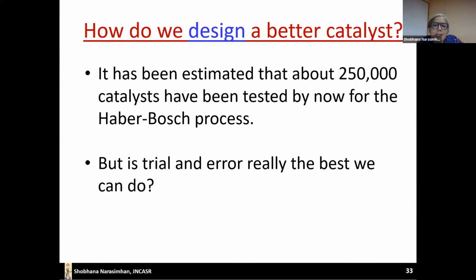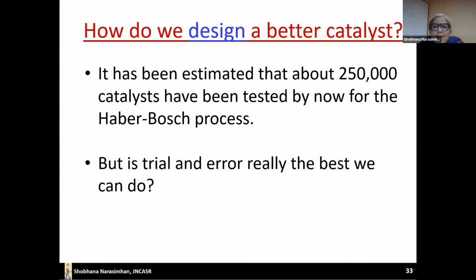So how do we design a better catalyst? How have we obtained the catalysts that we have been using today? I told you that Mittasch tested about 2,500 materials before he decided to use iron as the catalyst for the Haber-Bosch process. By now, it's been estimated that about 250,000 catalysts have been tested for the Haber-Bosch process.